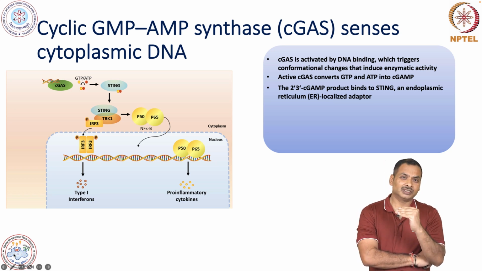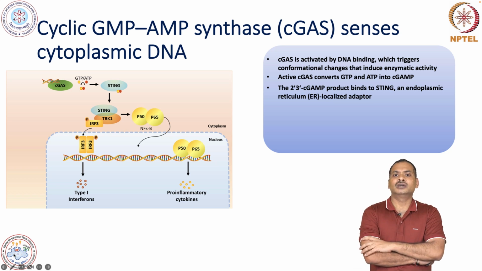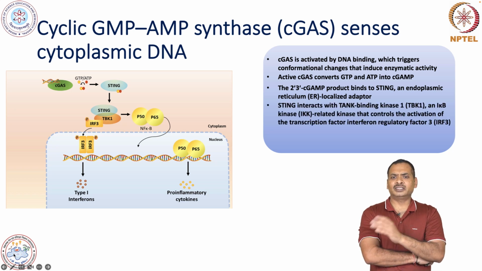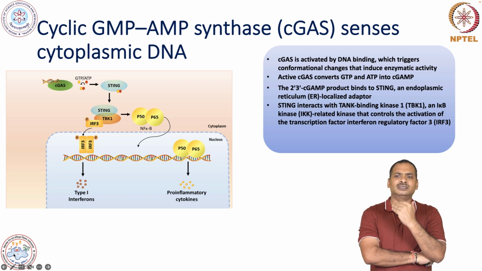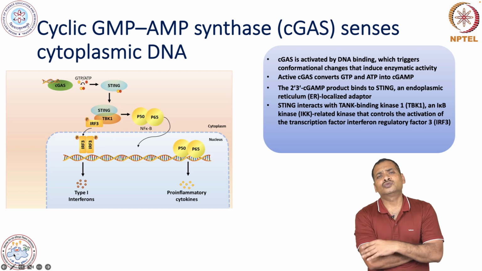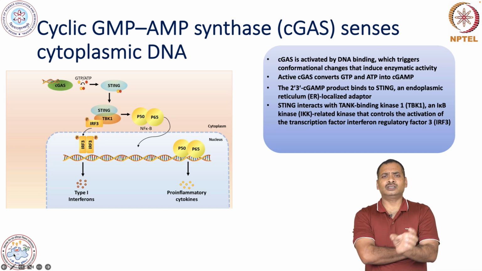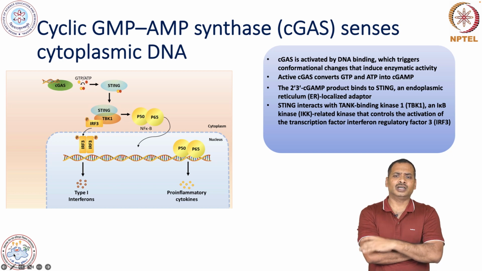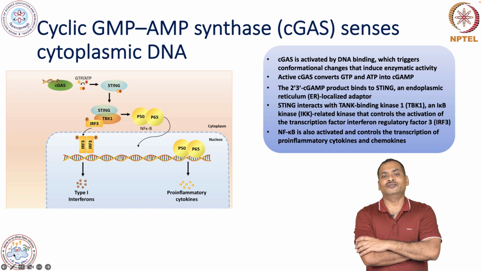You remember the STING molecule, which acts as an adapter and is present on the endoplasmic reticulum. This STING interacts with TBK1, and then TBK1 or IKKI phosphorylates the interferon regulatory factor, IRF, particularly IRF3, and this will induce type 1 interferon.